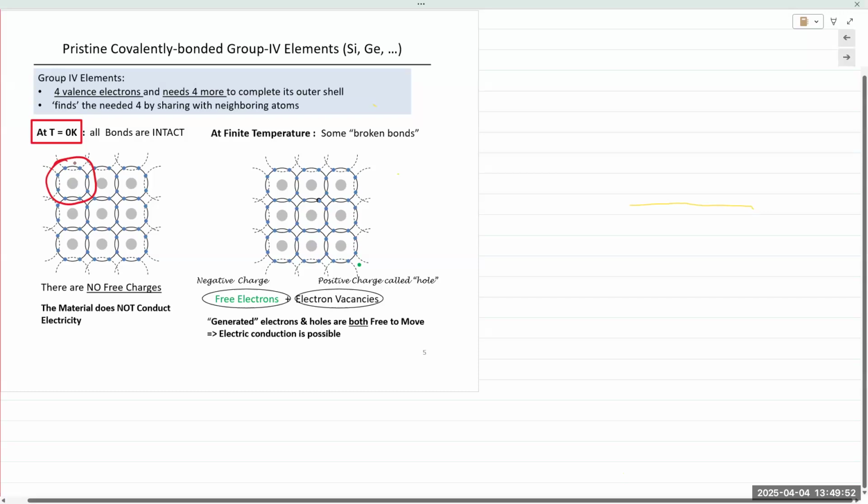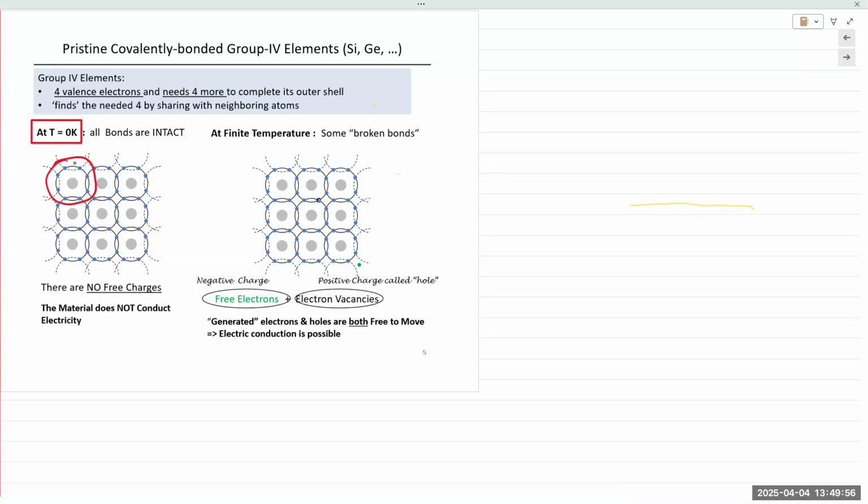As the temperature starts rising from 0 Kelvin, we're going higher up: 10, 20, 30, 40, 50, 100 Kelvin, 200 Kelvin. Thermal energy is imparted to the structure. Electrons absorb this energy, and some of these covalent bonds are broken. When some of these covalent bonds are broken, electrons are free.